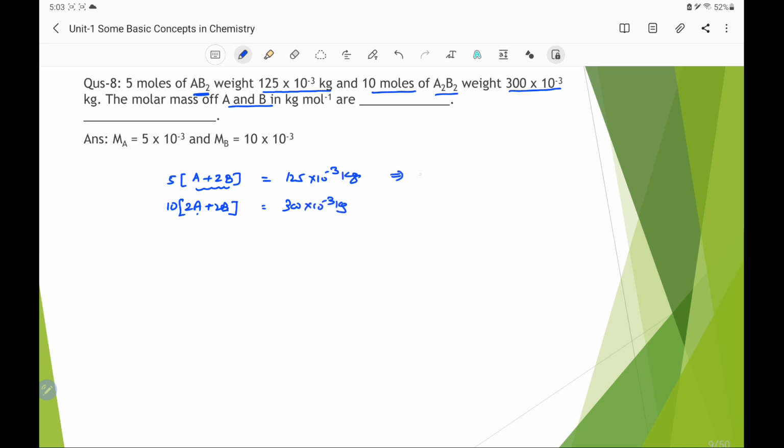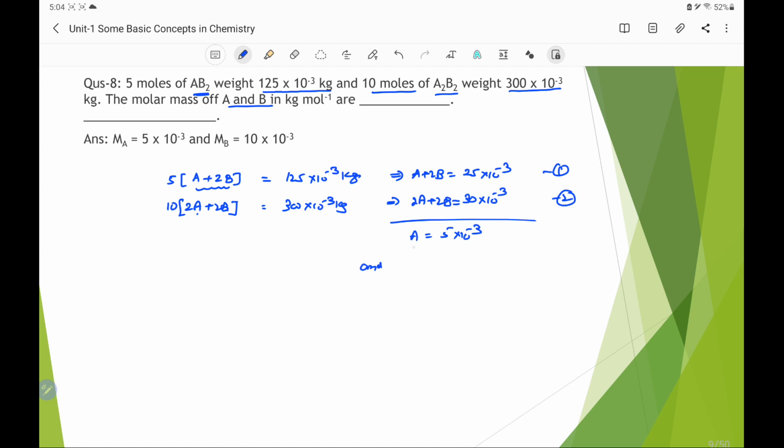We can write this as A plus 2B is equal to 25 into 10 to the power minus 3. And similarly here we can write 2A plus 2B is equal to 30 into 10 to the power minus 3 kilogram. Taking the difference of equations 1 and 2, that means we subtract equation 1 from 2, we get A equal to 5 into 10 to the power minus 3.